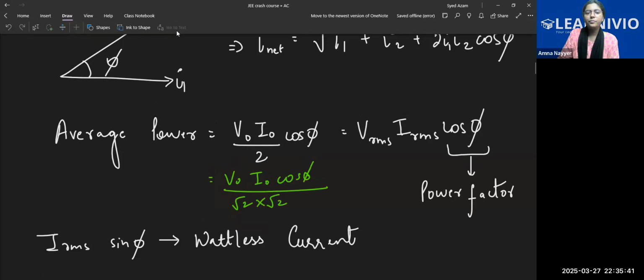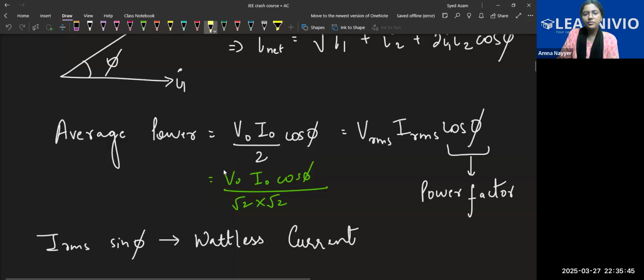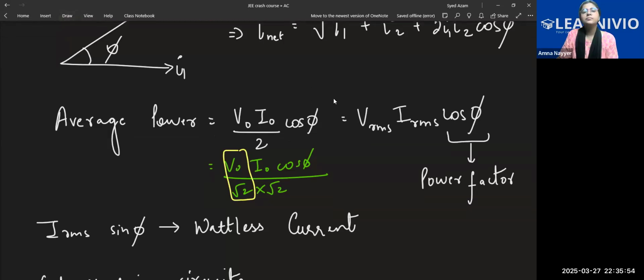And you know V naught by root 2 is VRMS, I naught by root 2 is IRMS. So from here we have VRMS IRMS cos phi. Here cos phi is called the power factor. And the condition when cos phi is equal to 1 is called wattless current.